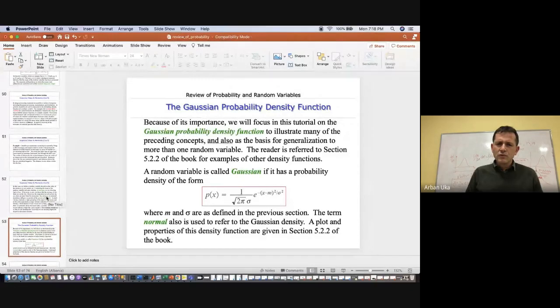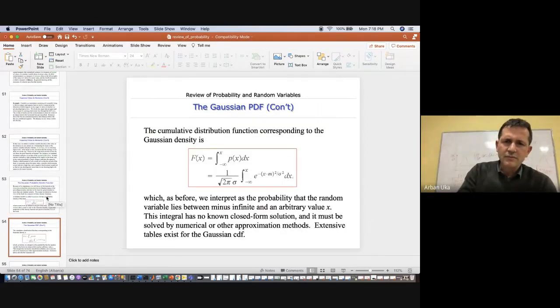But this value of 2, we're going to see when we do some experiments or exercises, what 2 sigma square versus only sigma square mean with respect to each other. Now, this is the Gaussian probability distribution function, the PDF.